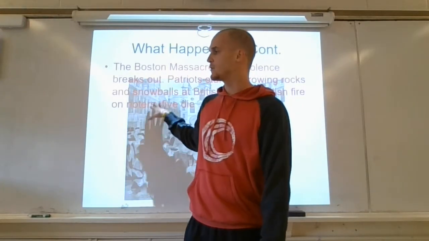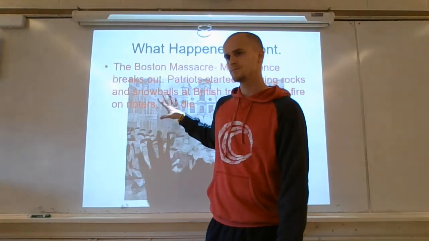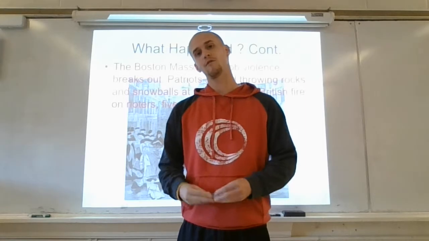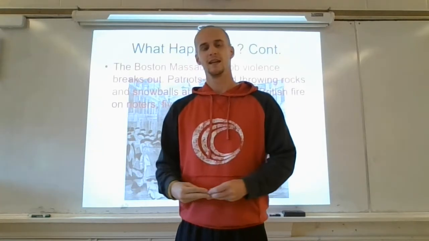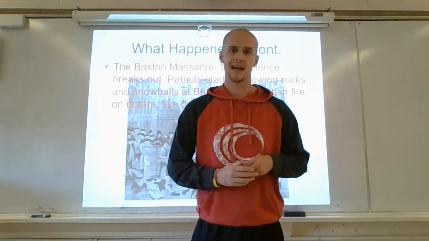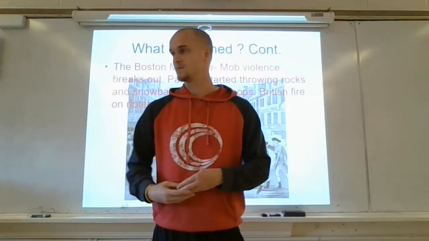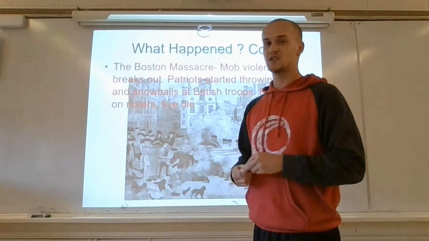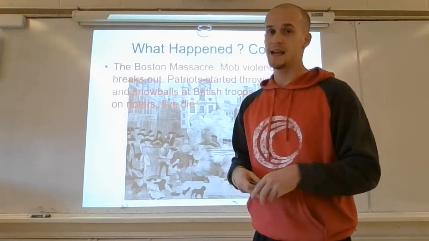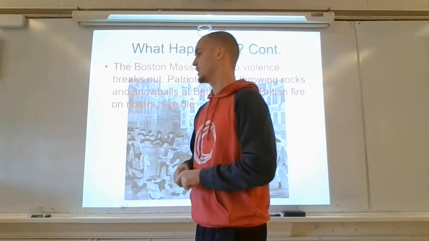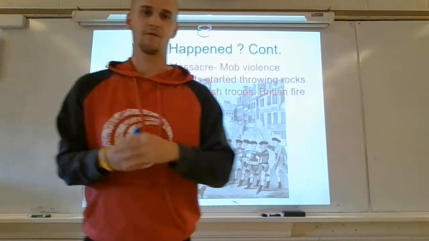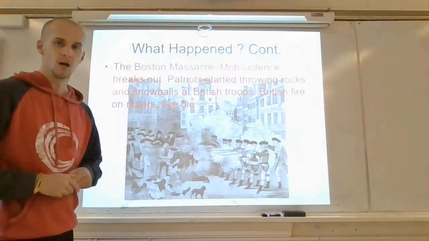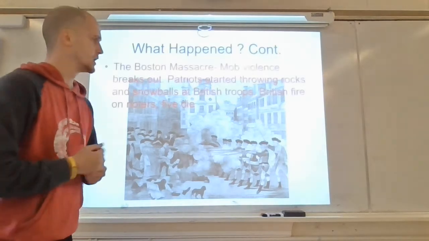But the irony is that the first American to die for an American cause is a black man by the name of Crispus Attucks. Crispus Attucks was the first man shot in the Boston Massacre. He is killed and is the first colonist that is killed for the colonial, become the American cause.